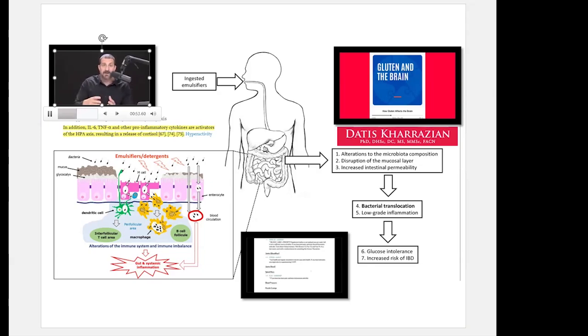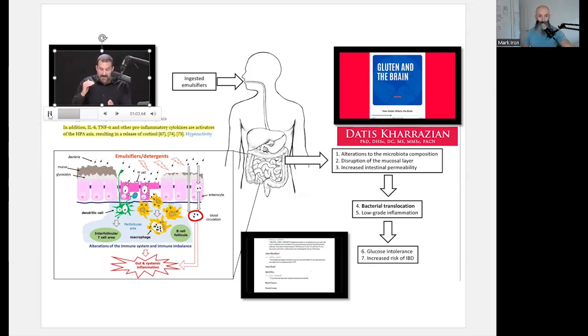Now, this can all be repaired if you stay away from highly processed foods for some period of time, but the negative effects of these emulsifiers are quite real. So to make it really clean and simple, emulsifiers from highly processed foods are limiting your gut's ability to detect what's in the foods you eat, and therefore to deploy the satiety signals, the signals that shut down hunger. In addition to that, there's a parallel mechanism at play that I talked about in a previous episode, but I'll remind you again that you have neurons in your gut that are sensing sugar and are sending a subconscious signal up to the brain via the vagus nerve.